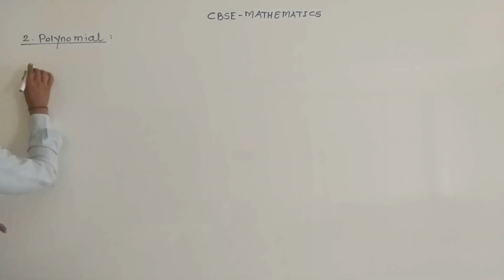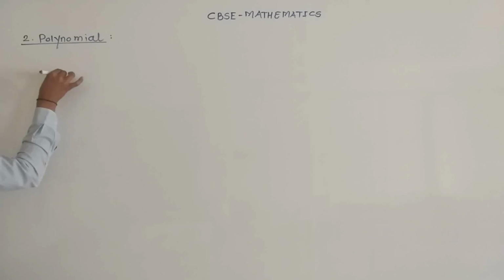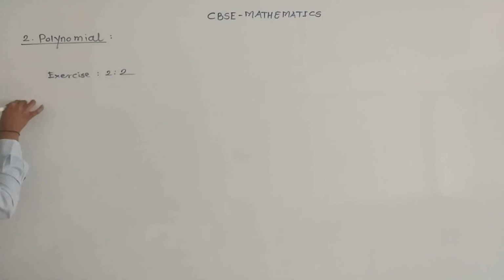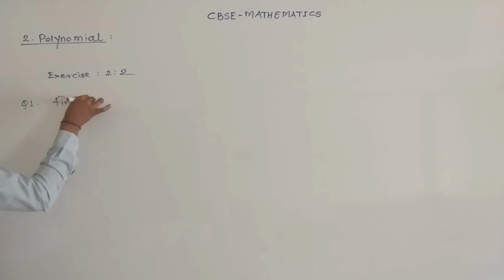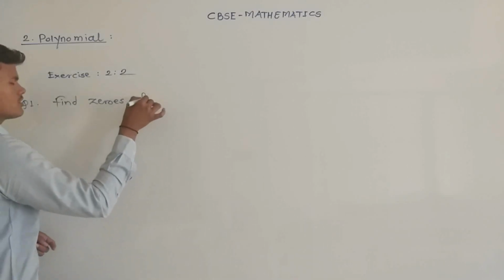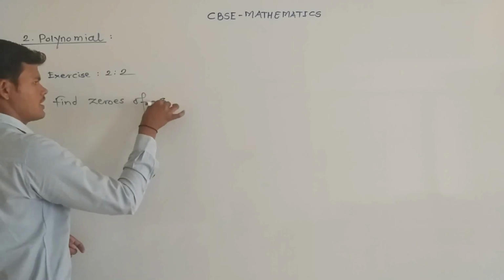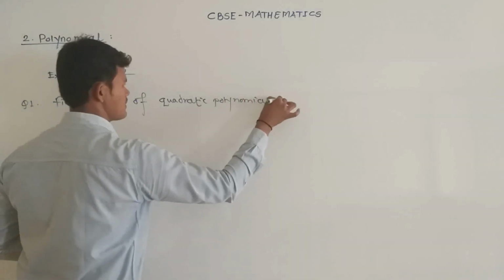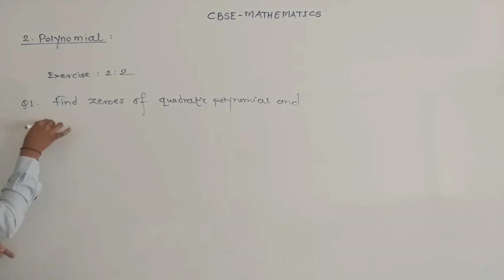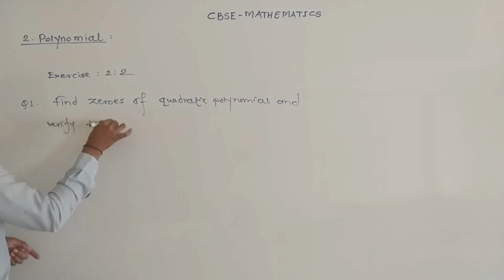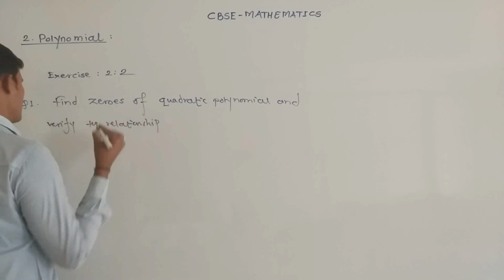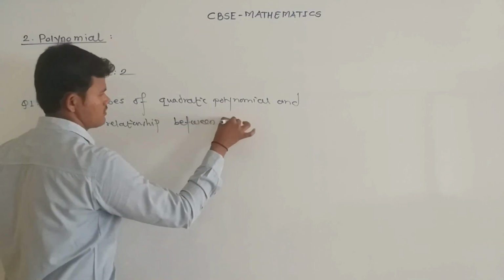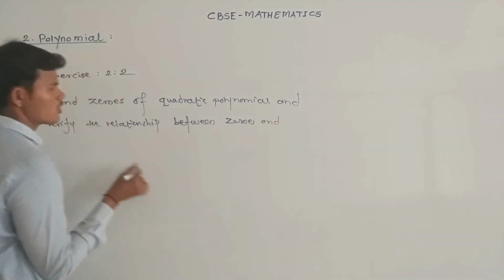So first question is from exercise 2.2. Question number first is find zeros of quadratic polynomial and verify the relationship between zeros and the coefficients.